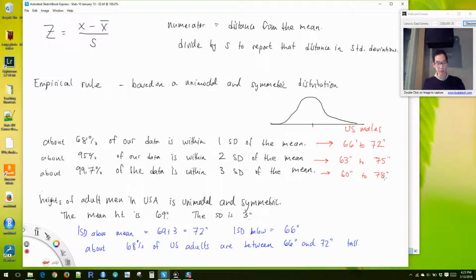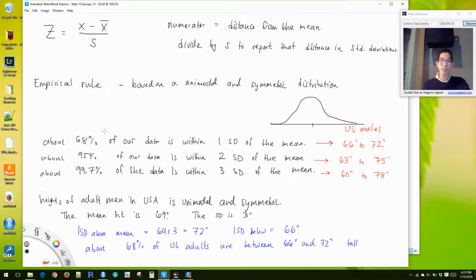Of course, there are some people outside of that range, but that range of 5 feet to 6'6" covers the vast majority. Okay, and this could be applied to almost any unimodal and symmetric distribution. And this is our empirical rule. Are there any questions on this? Okay.